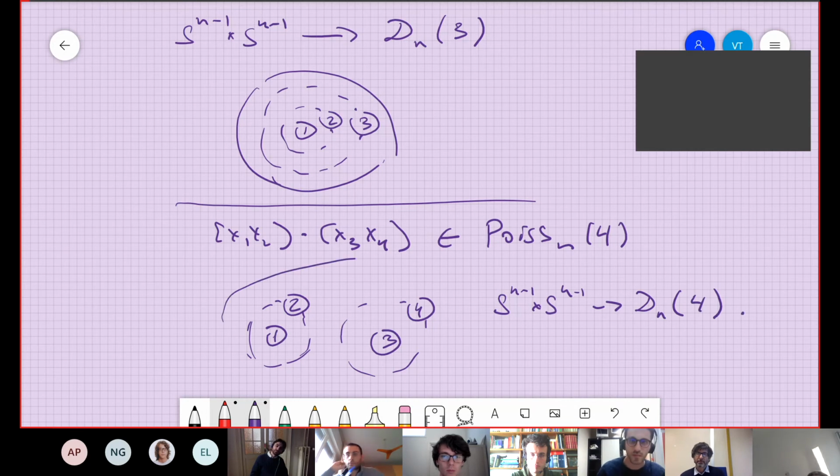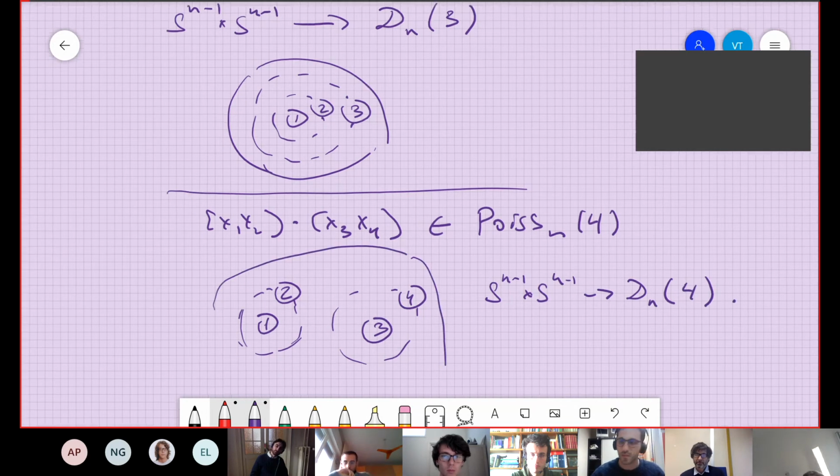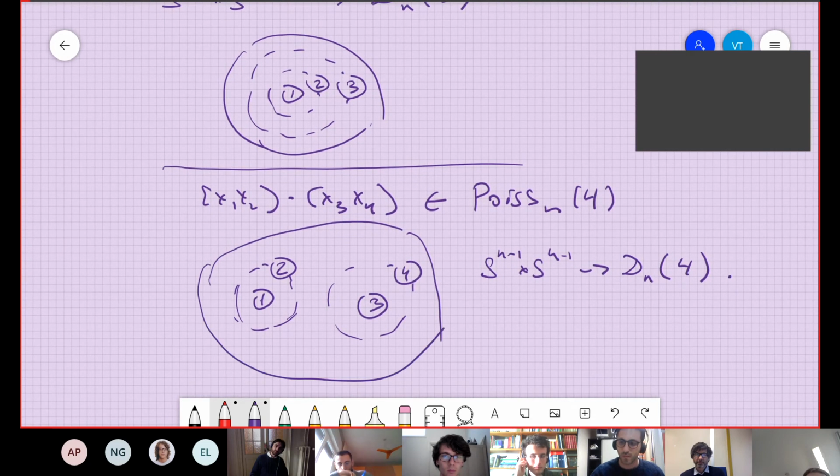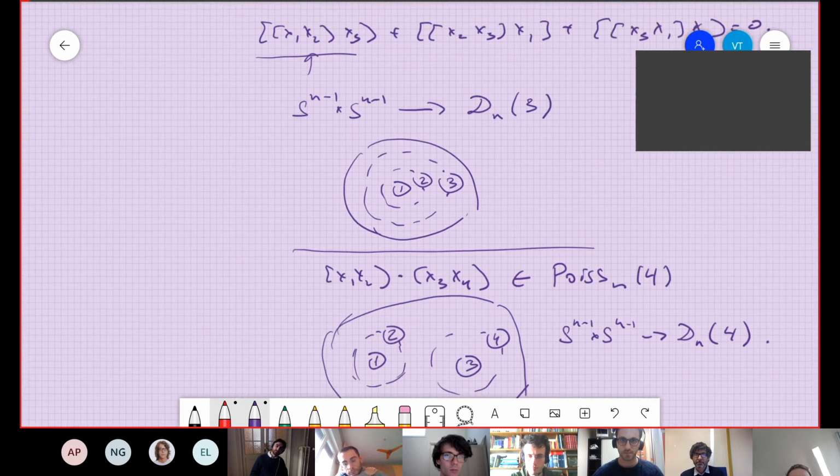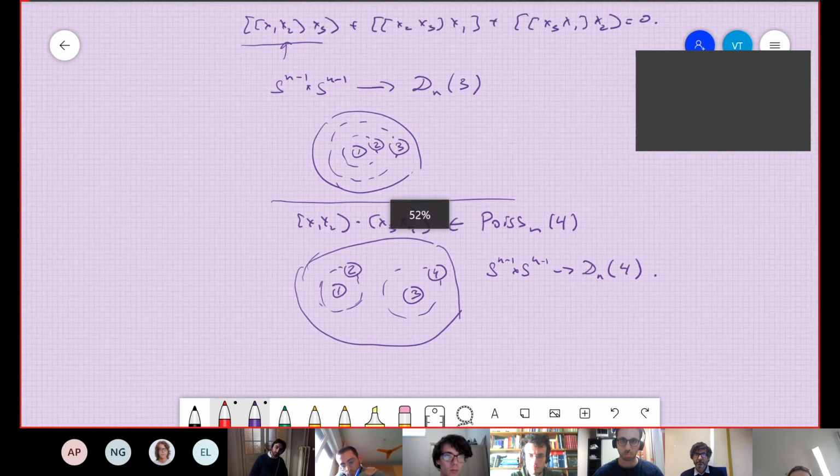Right, it's all sitting inside the unit disk. So that's a nice geometrical representation of the homology of the operad of little disks.